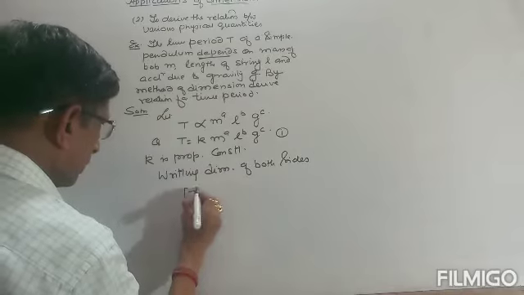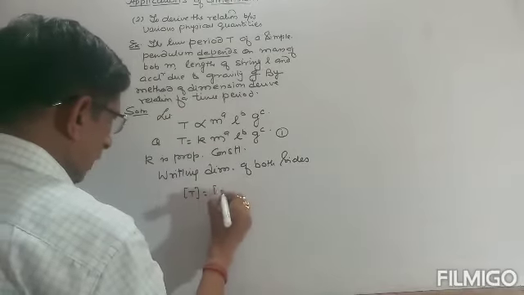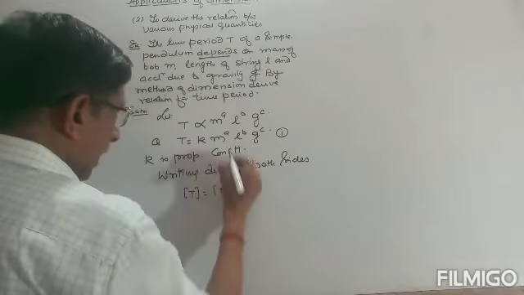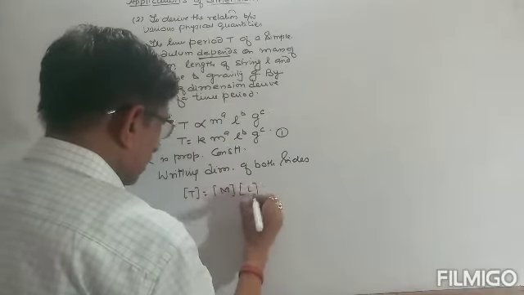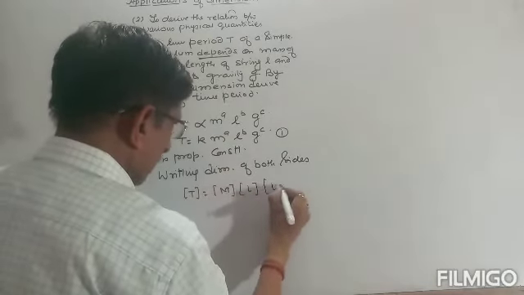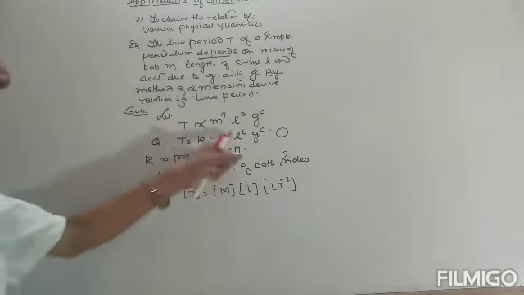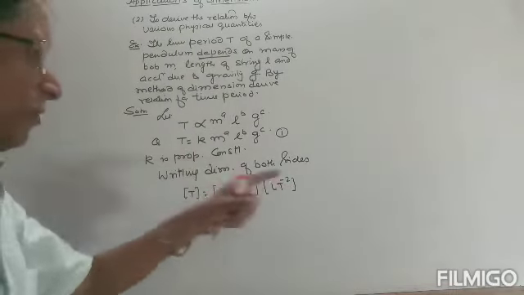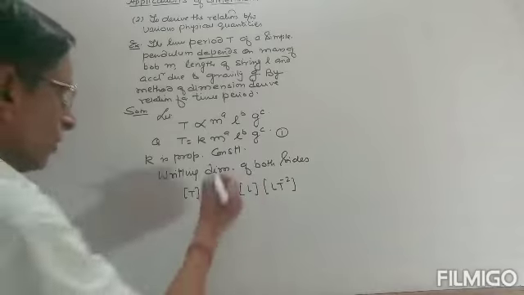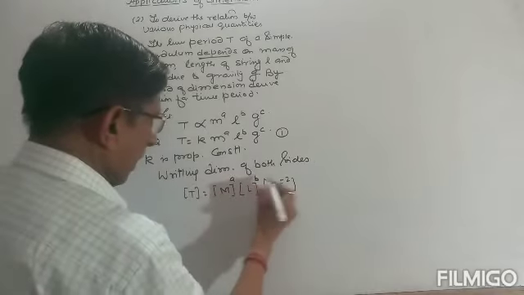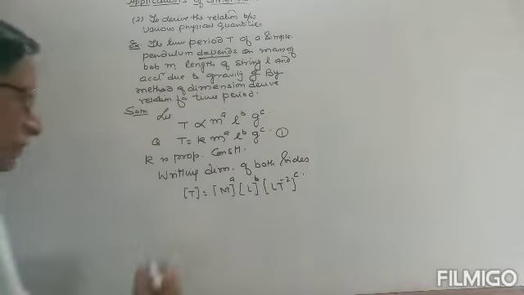T: time T, no dimension for K, M for mass M, L for length L, g acceleration. Dimension of mass M, dimension of length L, dimension of g is L T power minus 2. Its power is a, its power is b, its power is c.